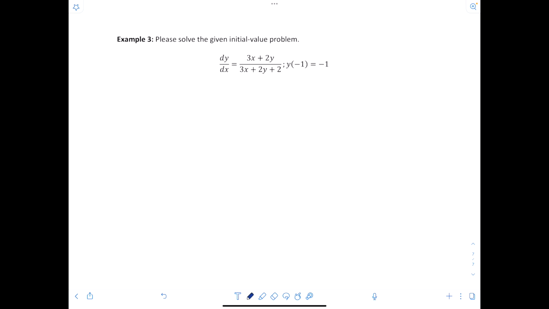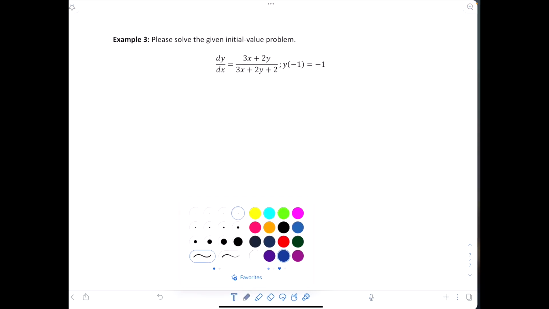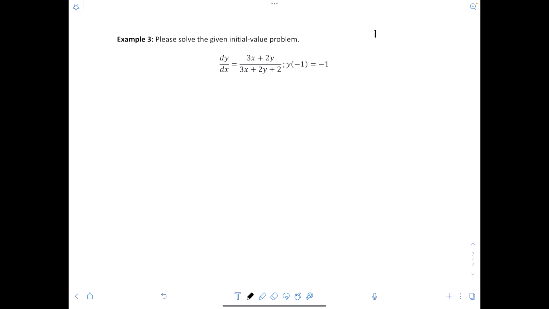So what we're going to do here is we're going to let u equal 3x plus 2y. So differentiating with respect to x, we'll get du dx will be 3, that one's explicit, plus 2 dy dx.